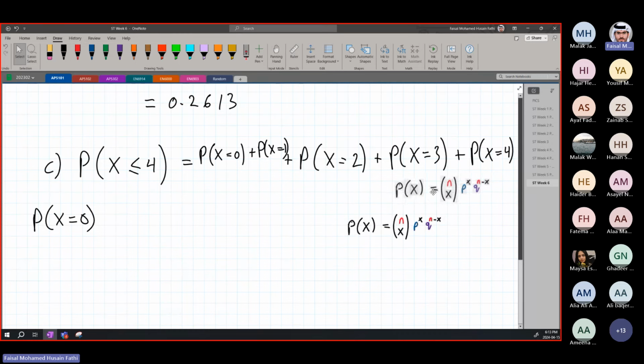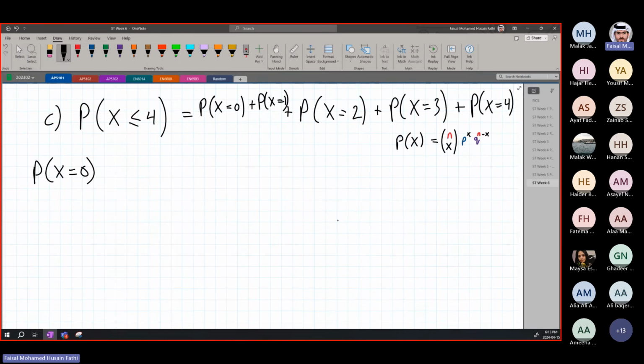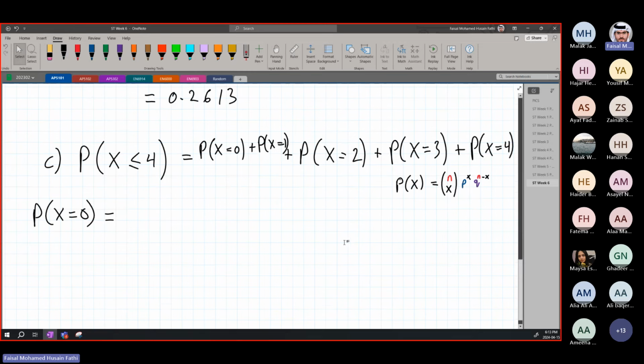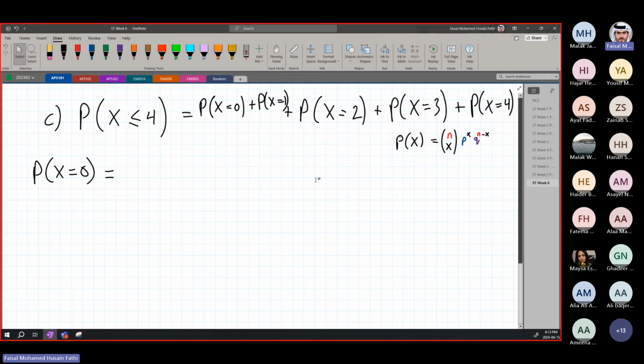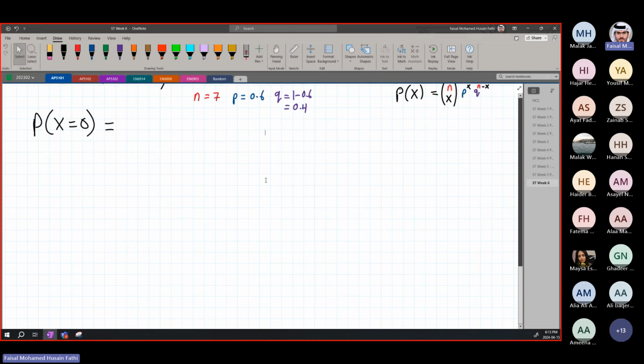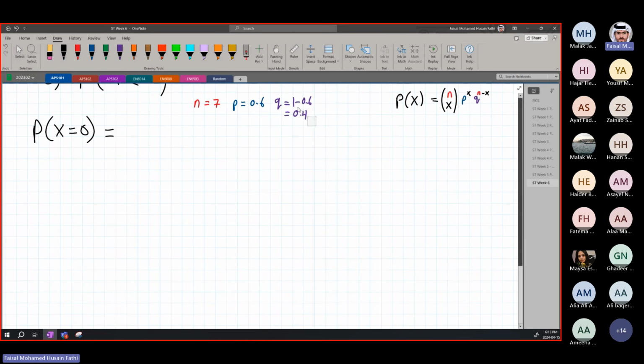We're going to have to apply it for each and every single one of these, which is x equal to 0. Remember, again, we have the same n, p and q. This does not change. These are the same values, they never change, our n, p and q for the question. So for x equal to 0, let me just write this as 0.4.